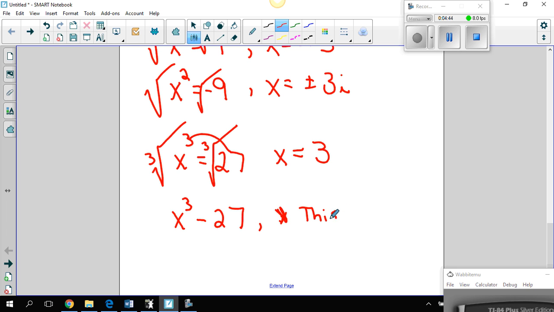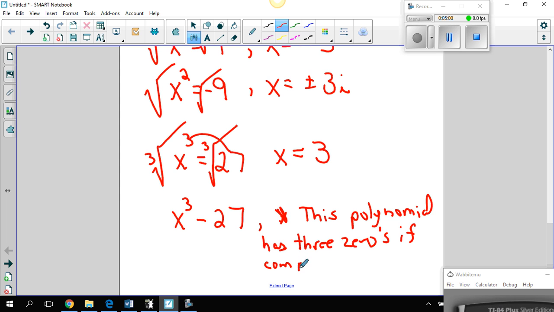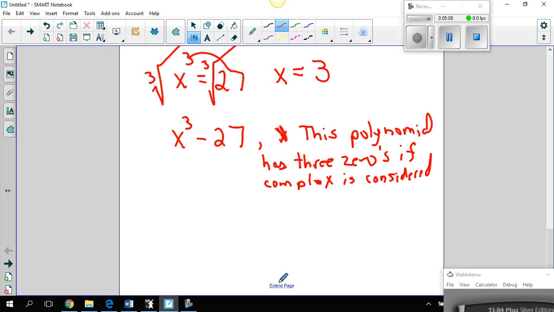This polynomial has 3 zeros if complex is considered. It's just that we don't know what the two complex zeros are. Now, we know one real zero is 3, but what are the other two? Makes it kind of challenging.